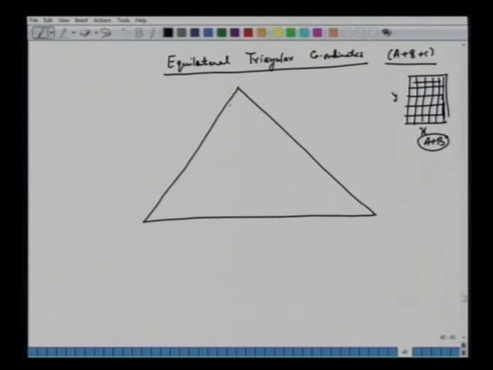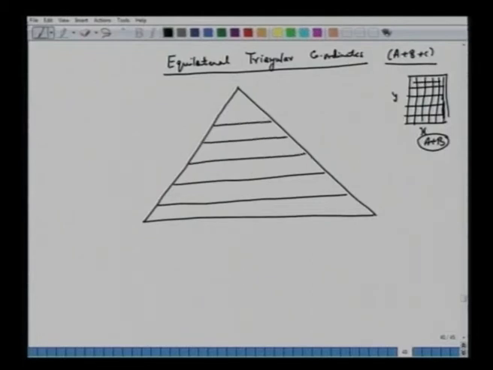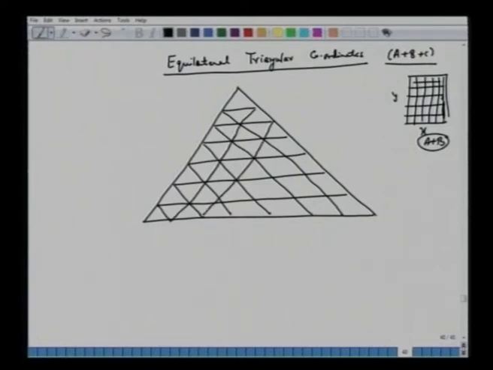In this graph you will see equidistant lines like these, and then here you will see lines like this, which are also equidistant. Qualitatively we can draw like this, all lines parallel to each other, and then you have a third set of lines going like this, also parallel lines.